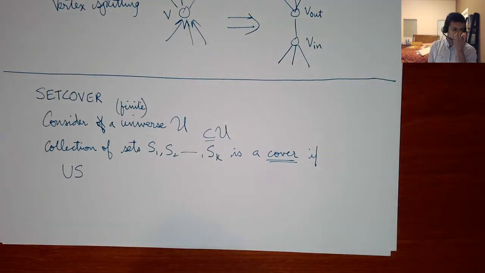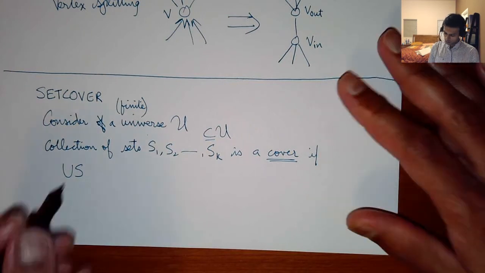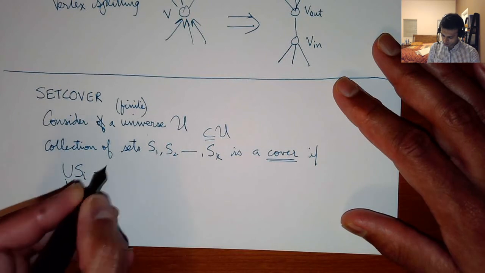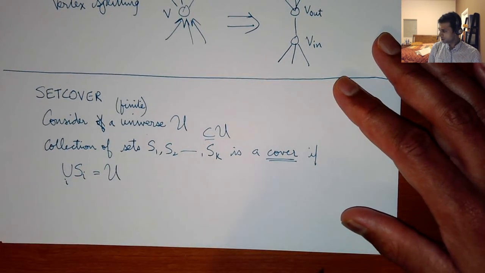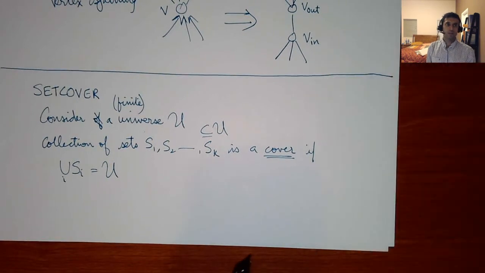You have some universe of objects and you have sets in this universe. If the union of all these sets is the universe, that's called a cover. And so this problem is called set cover.